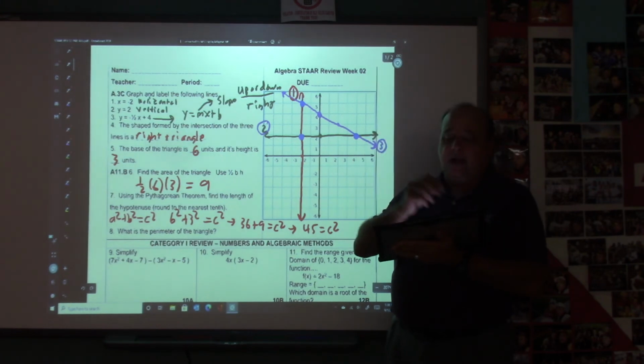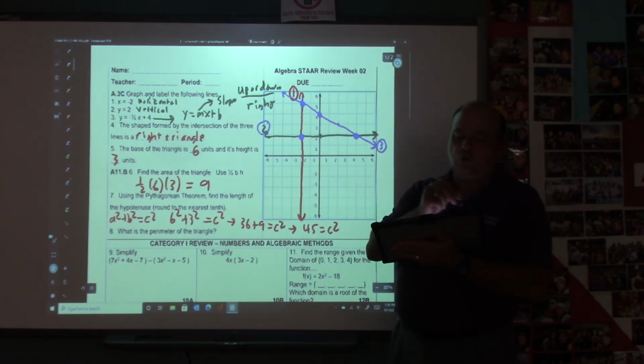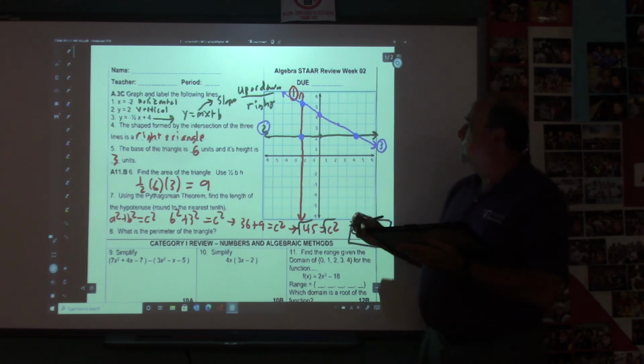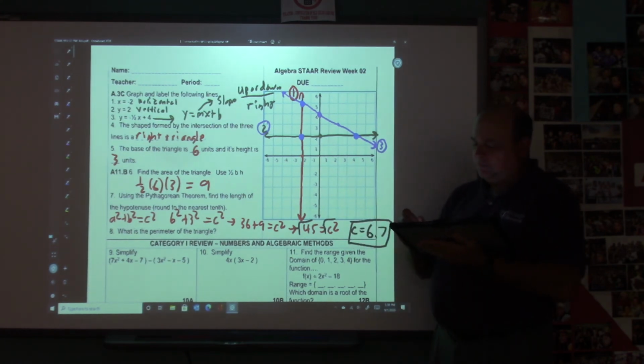And then remember, last year in 8th grade, you learned to get a square root, didn't you? And c is going to end up being 6.7, isn't it? Okay, so this edge is 6, this edge is 3, and this edge is 6.7.